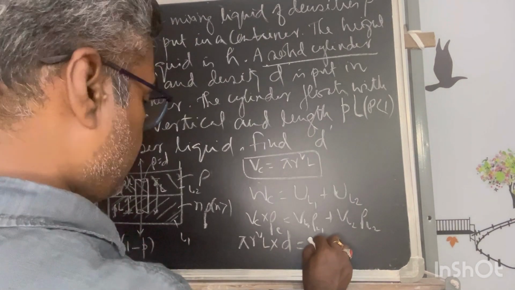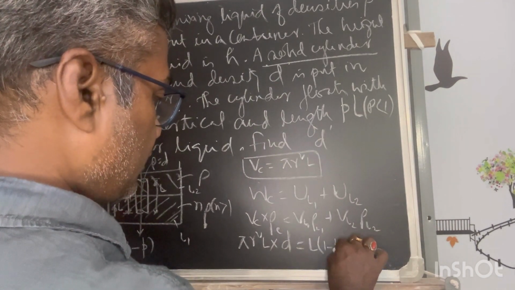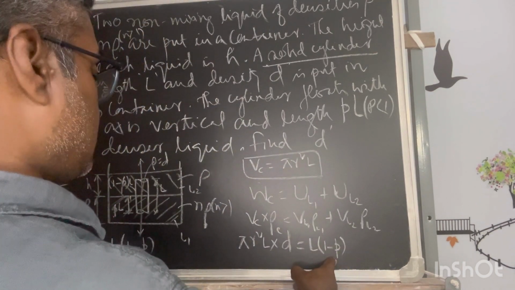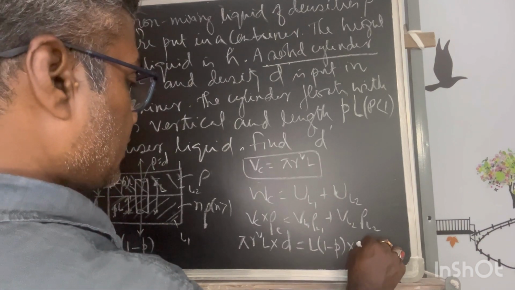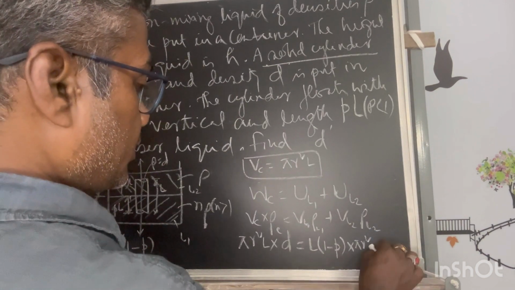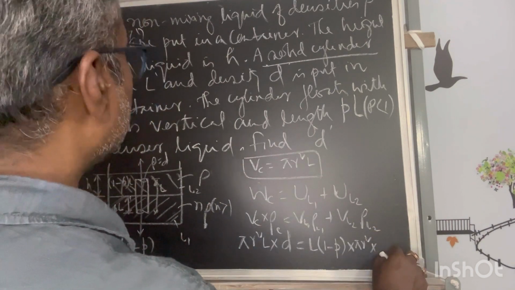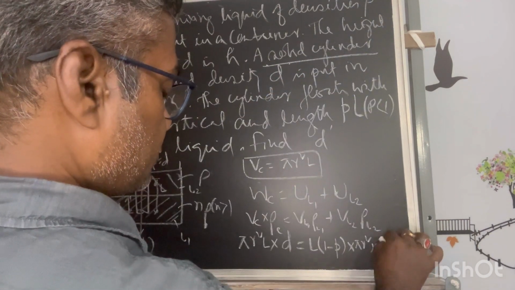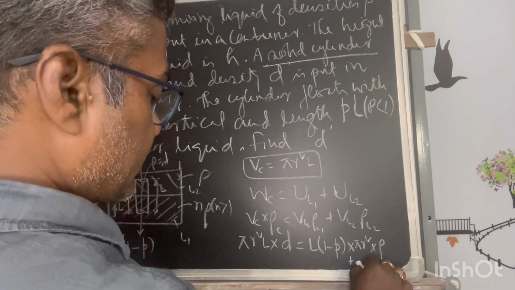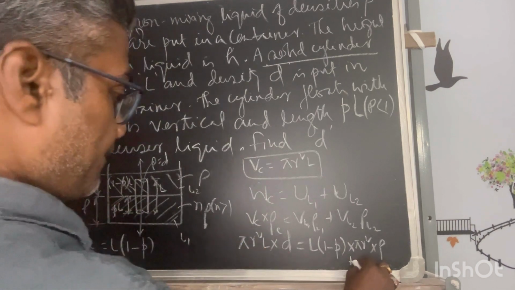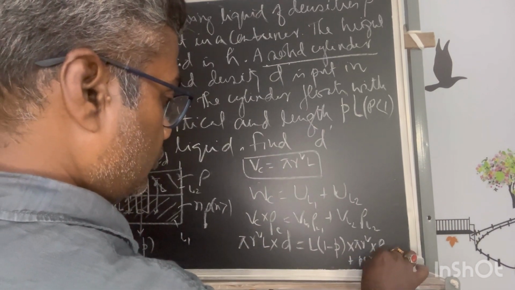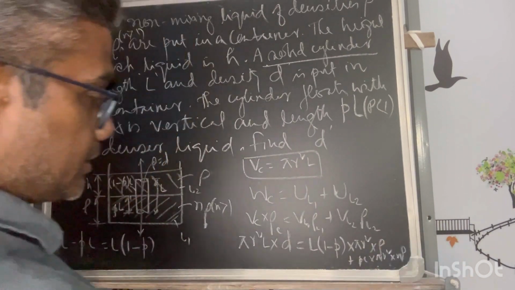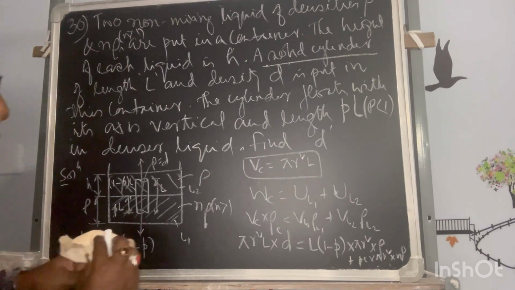So the volume is L into 1 minus P for liquid 1, which is on top, times the area pi r square, into rho of the liquid, that is the lighter one, simply rho. That of the second one would be P into L, length into pi r square into n rho. This is the density.